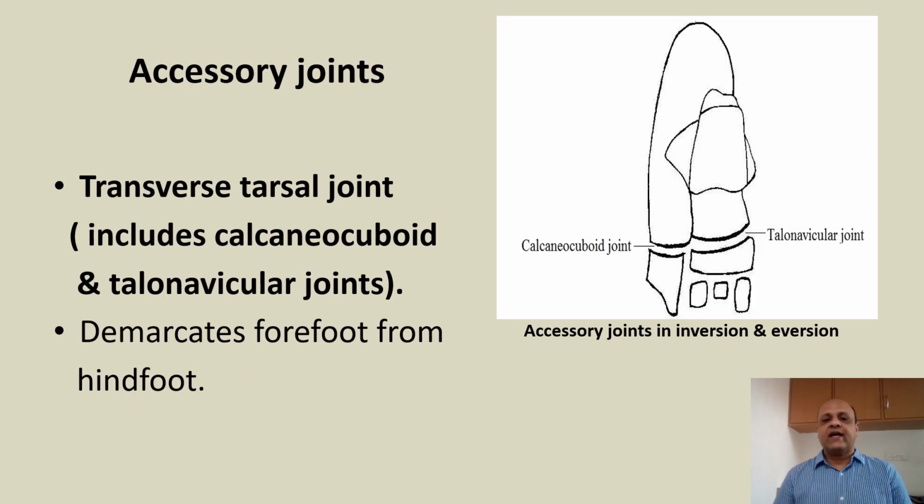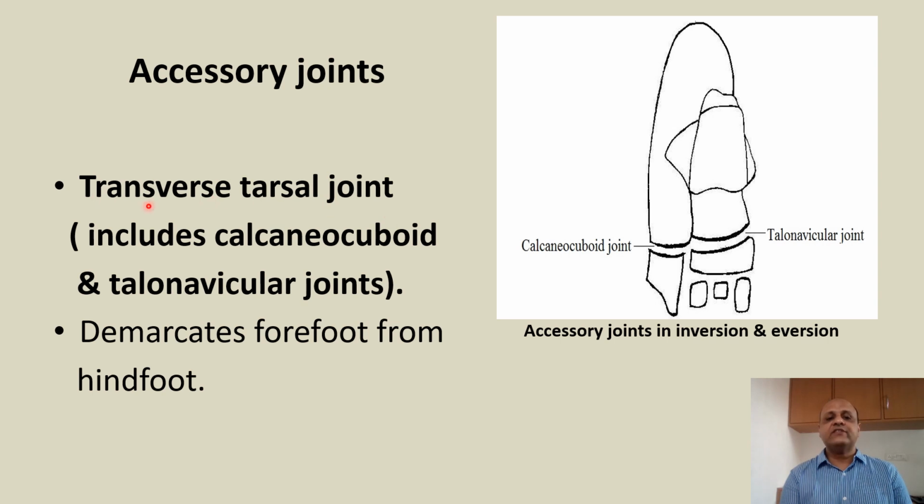And we also have the accessory joints. And what are the accessory joints? The accessory joints are the calcaneocuboid joint and the talonavicular joint. So here in the superior view, we can make out the calcaneocuboid joint and the talonavicular joint, which are the accessory joints. Together, they are referred to as the transverse tarsal joint.